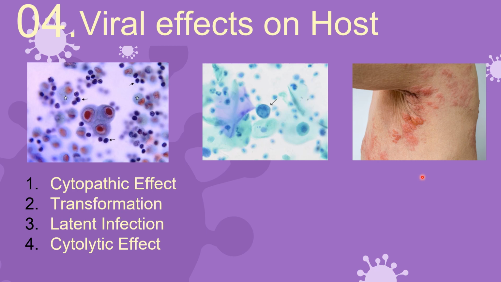Lastly, we'll be discussing the viral effects on the host. So, first of it is the cytopathic effect. As the name connotes, cyto means cellular, so there is a change in the cellular morphology caused by the infecting virus that can be a change in size or shape. So, if you look at this picture, makikita natin itong three large cells.